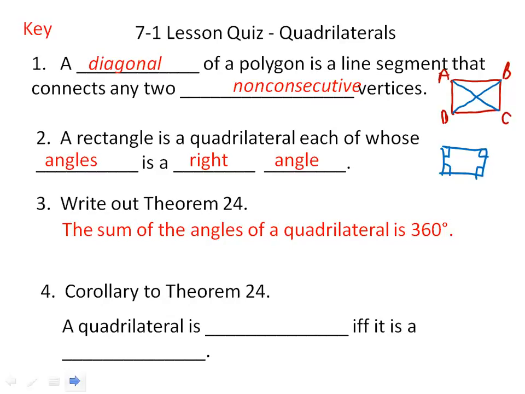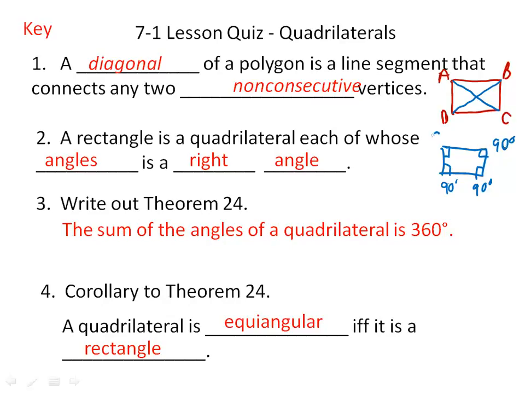All of you knew that. All of you knew that the rectangle has 4 right angles. And the corollary here to Theorem 24 is that a quadrilateral is equiangular if and only if it is a rectangle. As you know, there are 4 90-degree angles in this rectangle.